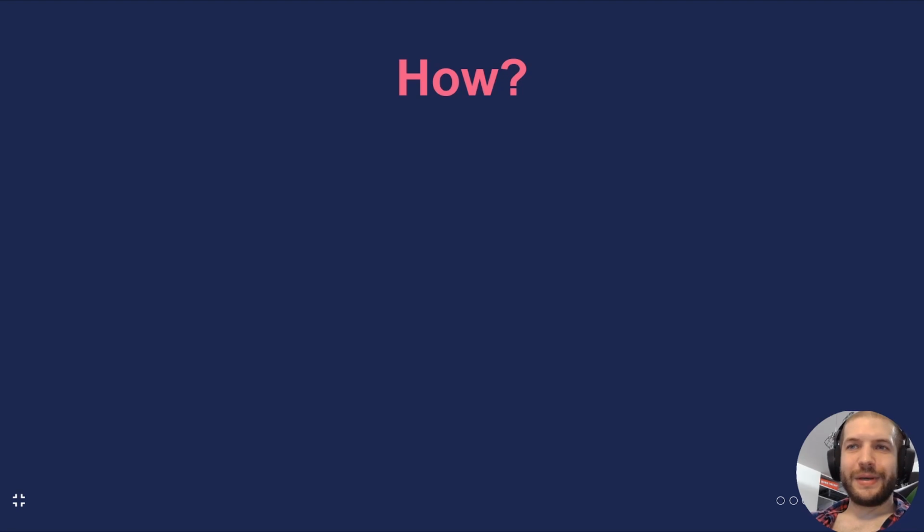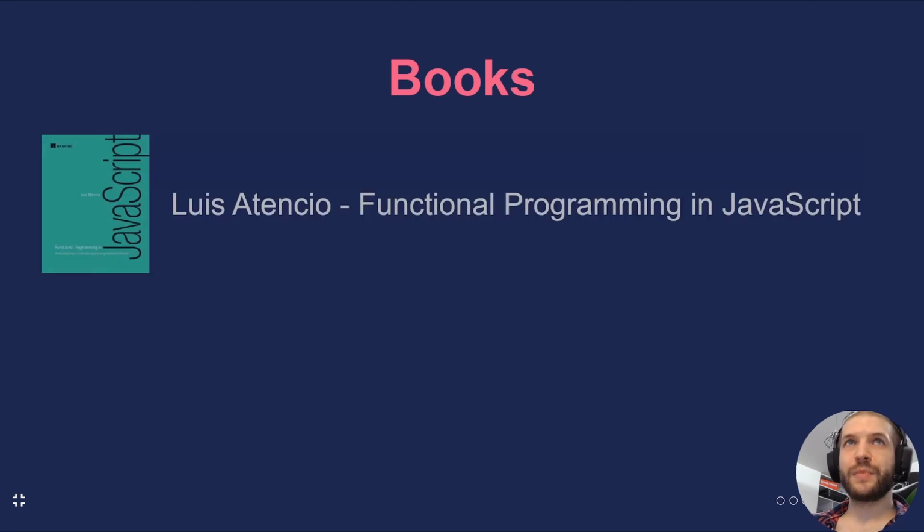So how are we going to go about this series? Well, basically, I will be basing this on two things. One is books about functional programming that I find very helpful when it comes to digging into the subject.